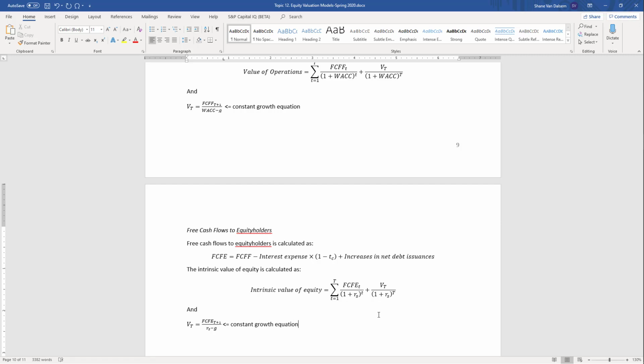So one big thing I want you to take away from this is the math for all three of these different models is the same. We're just using different cash flows and different discount rates. Other than that, they're all the same.